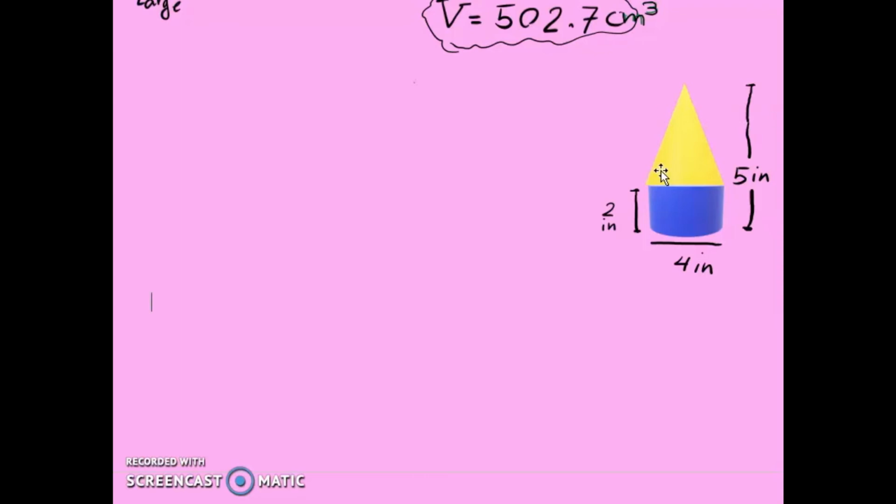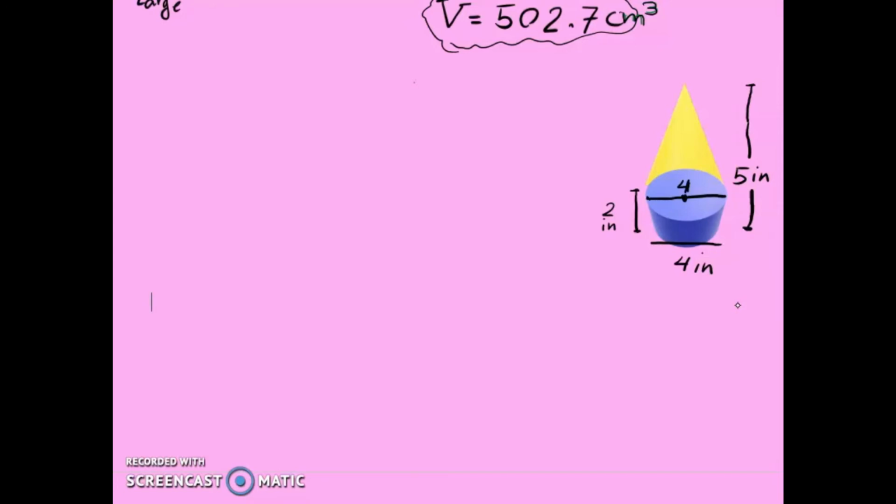I'm going to start with this cylinder. If the diameter is 4, what does it mean? It means from here to here is 4. So what would the radius be? It would be 2.